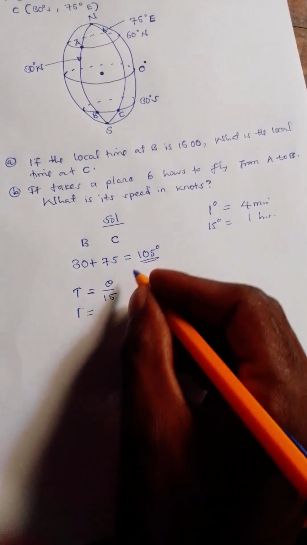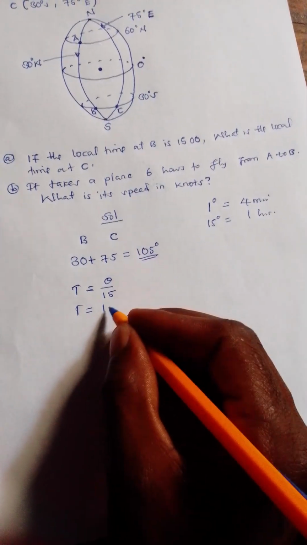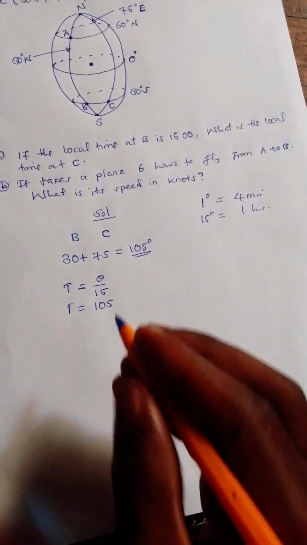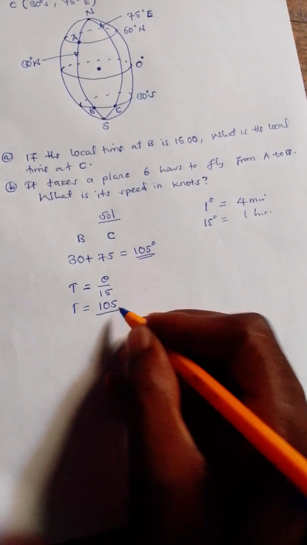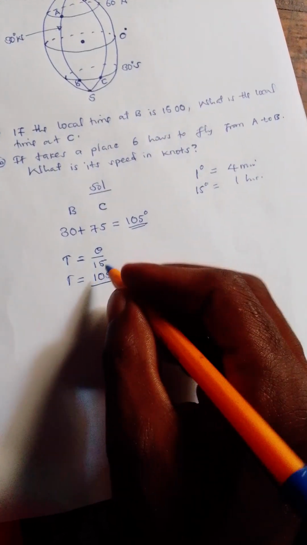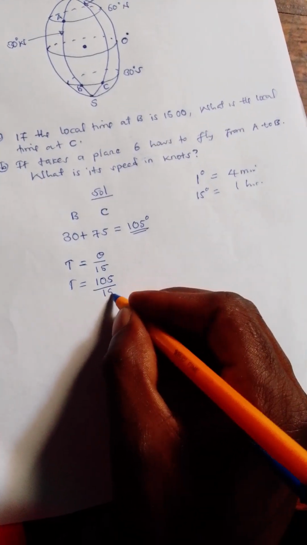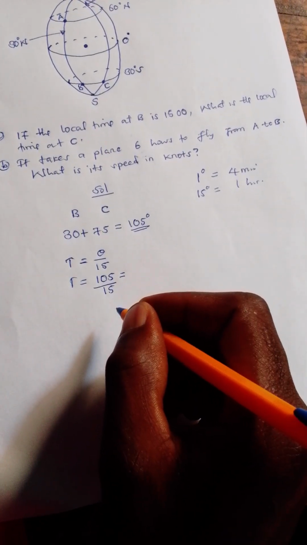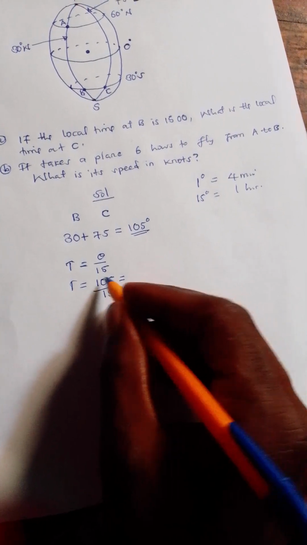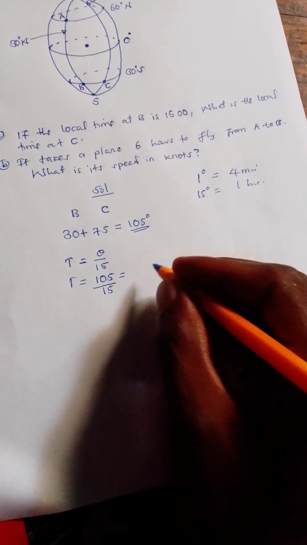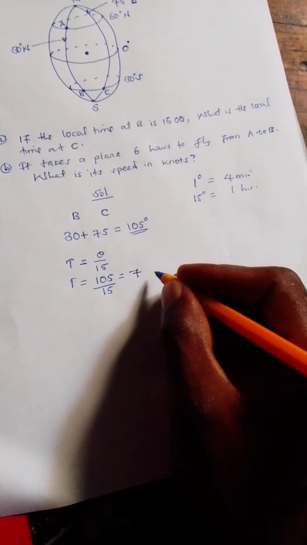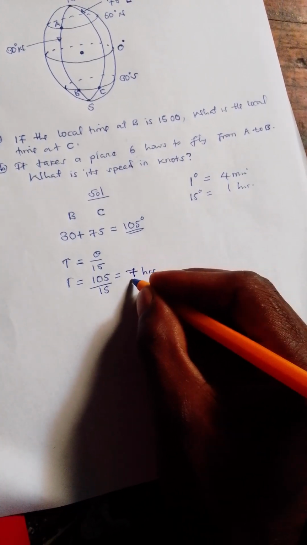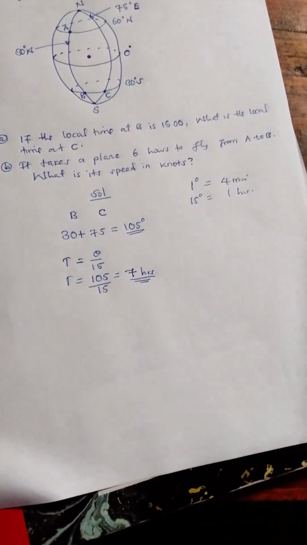So time is equal to theta, which is 105, the difference in longitude, divided by 15. If we divide 105 by 15, we get our answer as 7. So this 7 we are calculating is 7 hours.